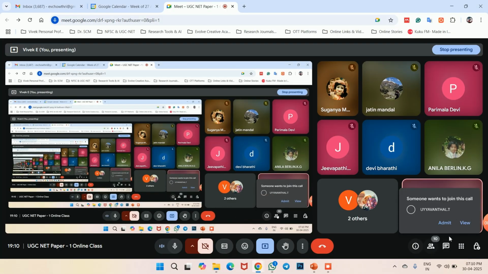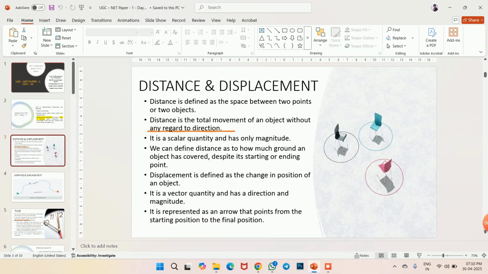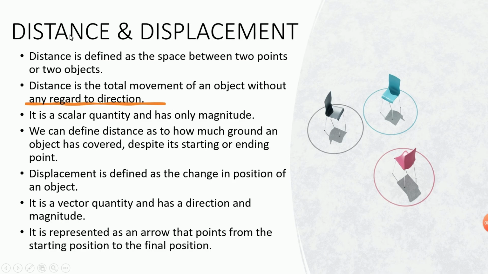So distance is a scalar quantity and has only magnitude. We can define distance as how much ground an object has covered despite its starting or ending point. Actually it is a repetition of the previous statements.